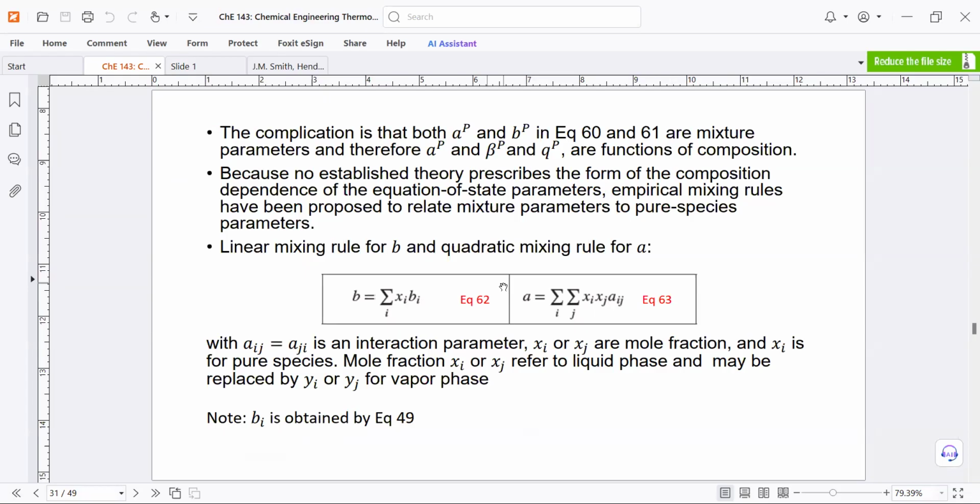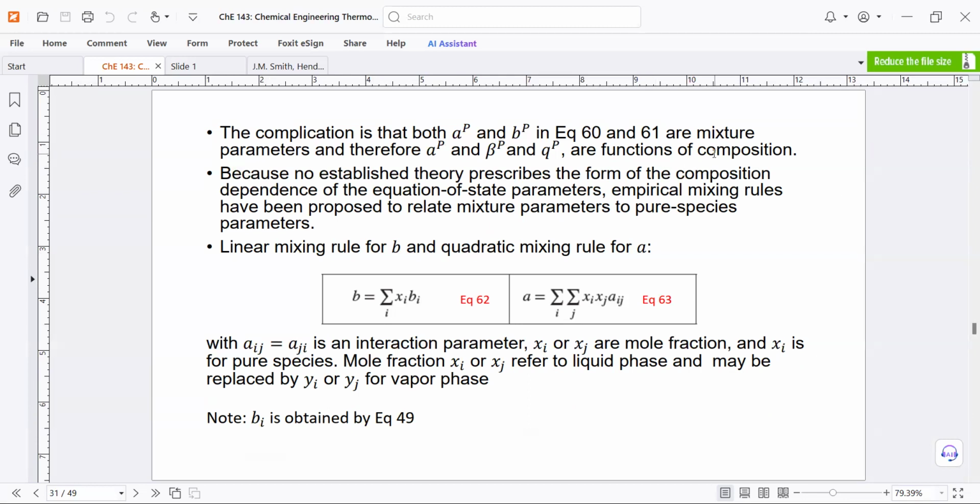And we have to compare the interaction between the like and unlike molecules, and that makes the system complicated this time. And how do we account for that? Now parameters A and B, the volume B and interaction parameter, would act as if they are in the mixture, and therefore they are functions of composition.